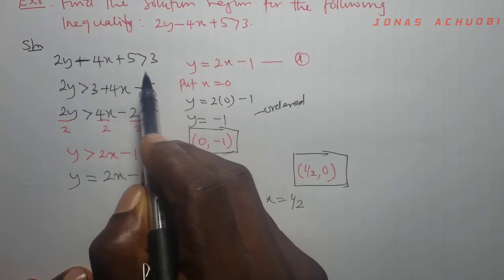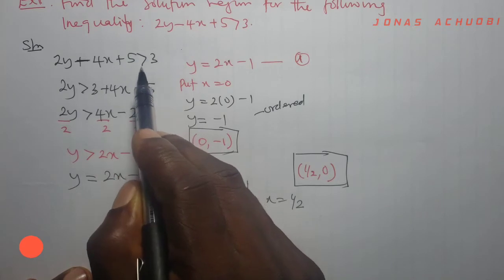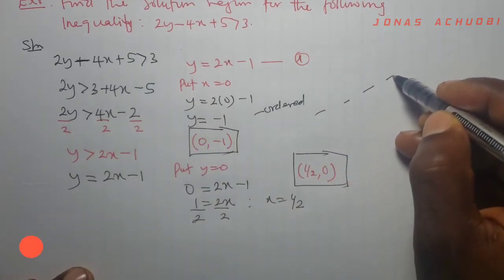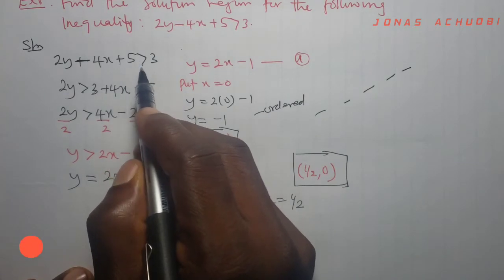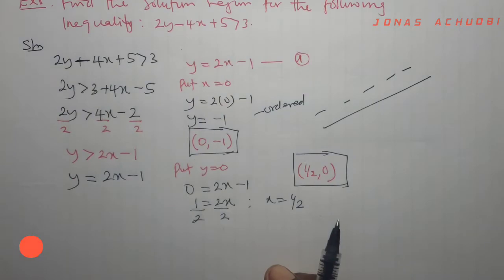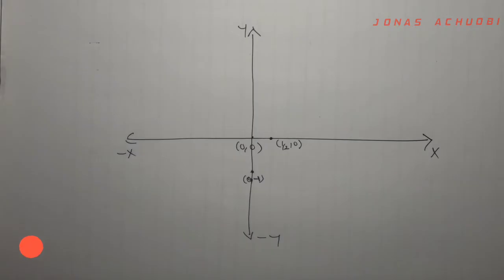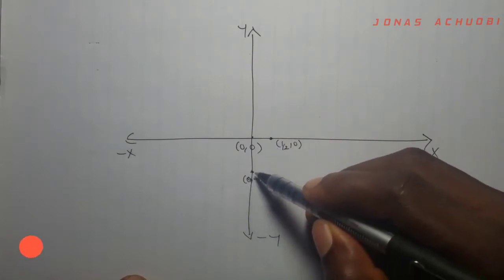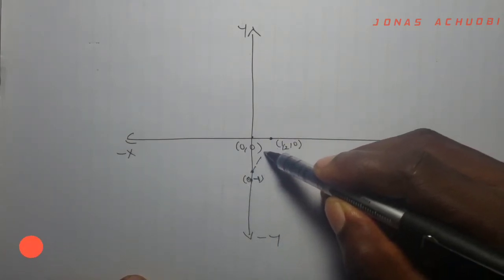So that step is saying that if the inequality is strict like this one is, we should join those 2 points with a broken line. And if this inequality was not strict, we would have joined the 2 points with an unbroken line. So let's go back to our xy plane. Since our inequality is strict, we will join these 2 points with a broken line like this.